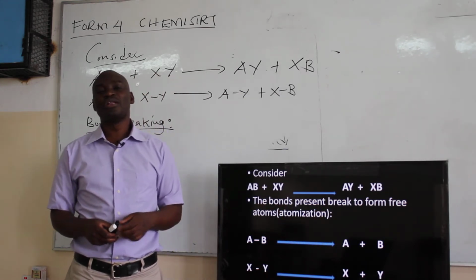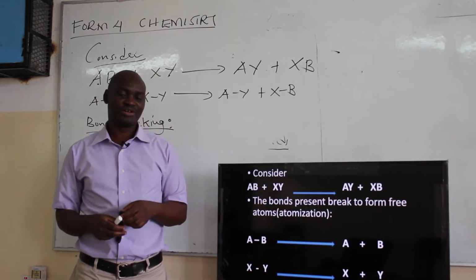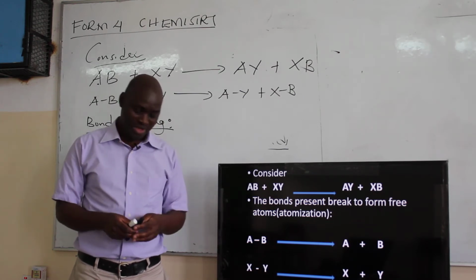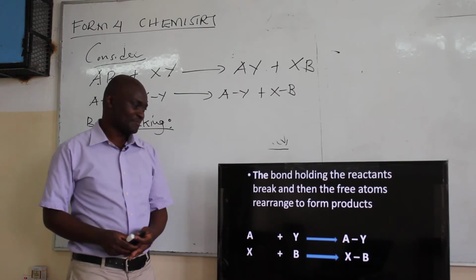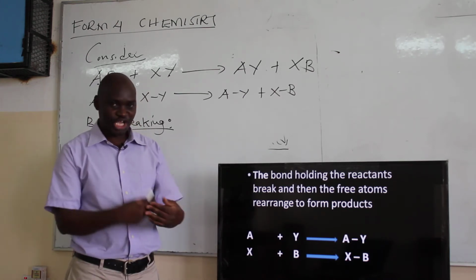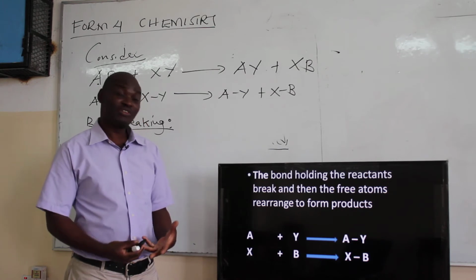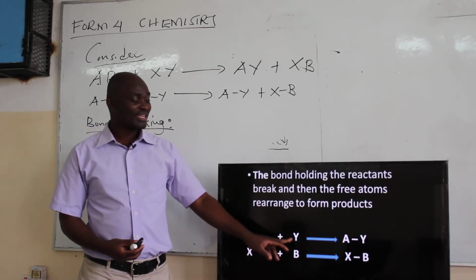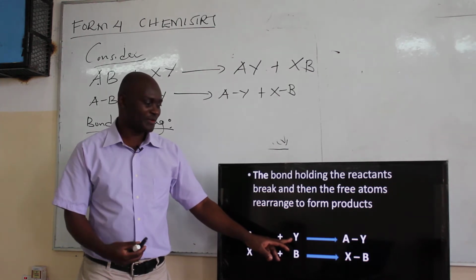That process is called atomization of the reactants. So the reactants will form free atoms. After that, the atoms will rearrange, whereby A will combine with Y and a new bond AY is formed.